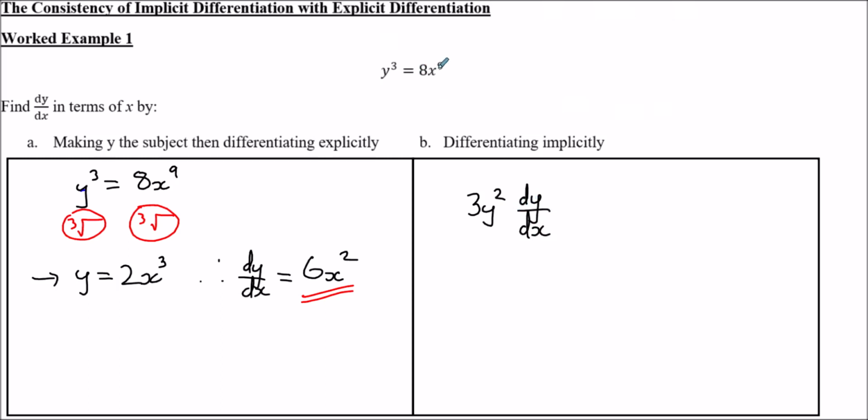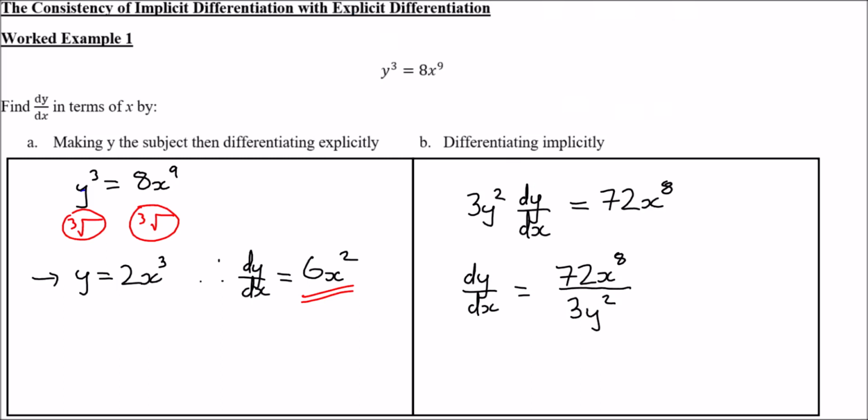Then if I differentiate the right hand side, the 9 comes to the front, multiplies the 8, gives 72. 1 less than 9 becomes 8. Then divide both sides by 3y squared. We get that dy by dx equals 72 x to the power 8 all over 3y squared.